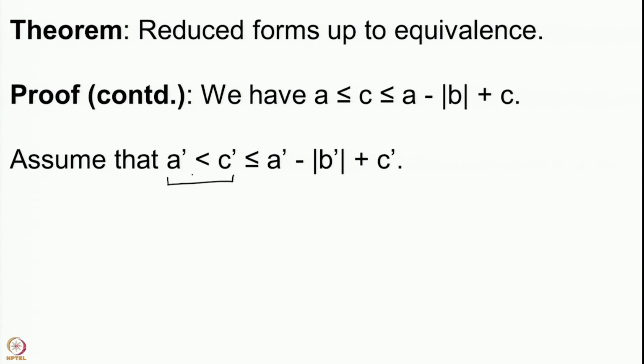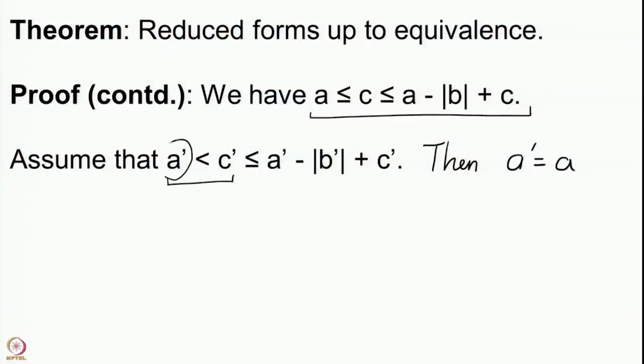So, among the three smallest values taken by the form f prime, a prime is the smallest, and therefore, we must have that a prime is equal to a. Here we have the three values taken by f. The values taken by f and f prime at co-prime pairs are the same.